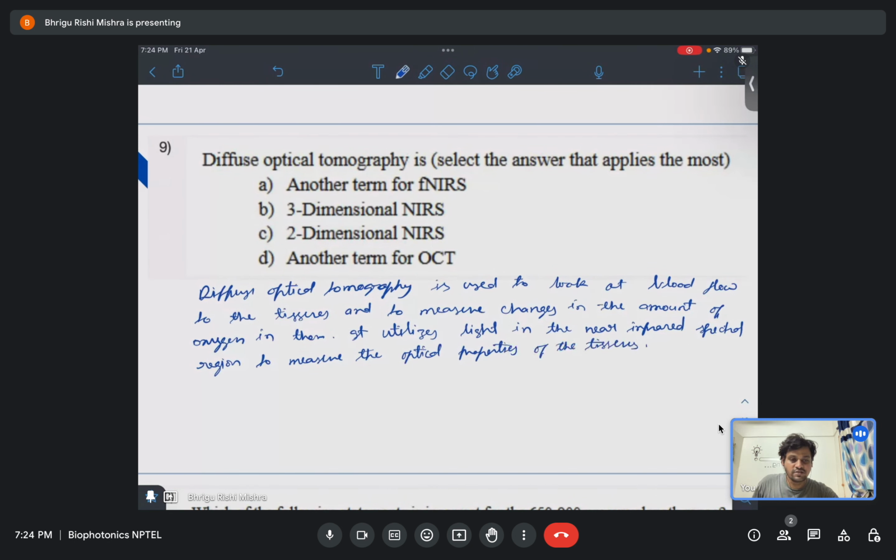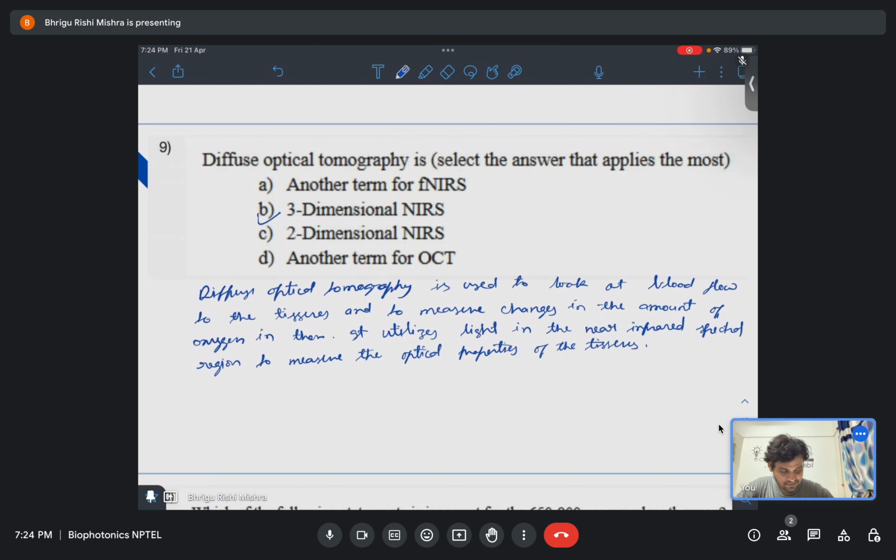Diffuse means it can cover all directions, forward, backward and sideways. Based on the applications it is three-dimensional, and it also uses near infrared spectral radiation. So obviously it is B, three-dimensional NIRS.